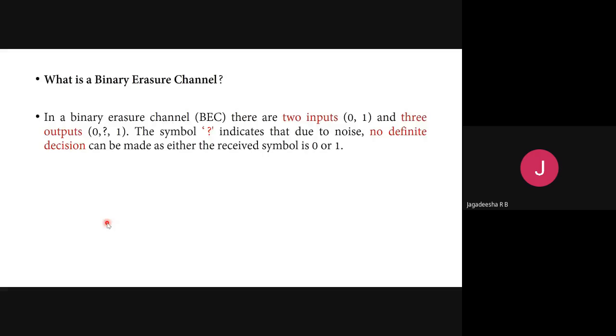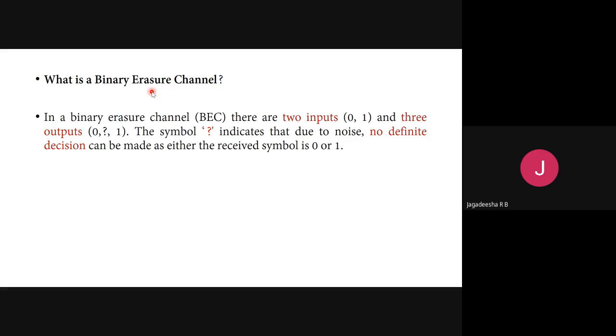In general speaking, it uses this binary erasure kind of setting or principle, because when the data is transmitted, it may be received by the receiver properly or not. If it is not received properly, then the receiver will ask for retransmission. So the transmitter will again transmit, and this process continues until a predefined number of times, or until the receiver can decode it properly.